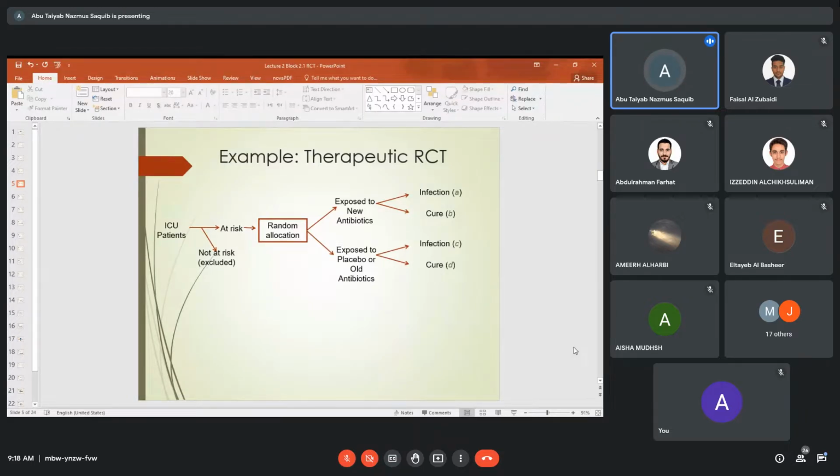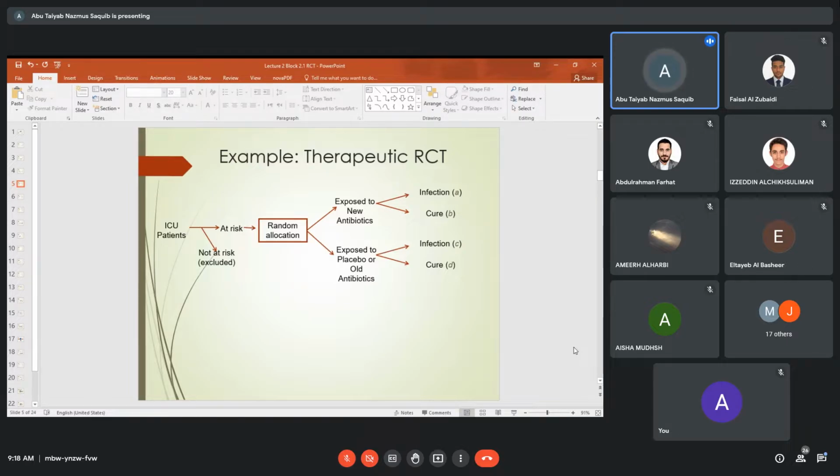So if you are an ICU physician, you randomize your patients into two groups. One group you give the old antibiotic, and the other group you give the new antibiotic. And then you follow them and see what the cure rate is.